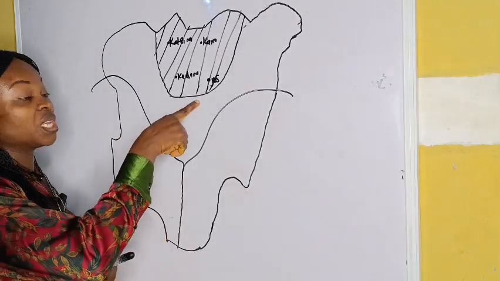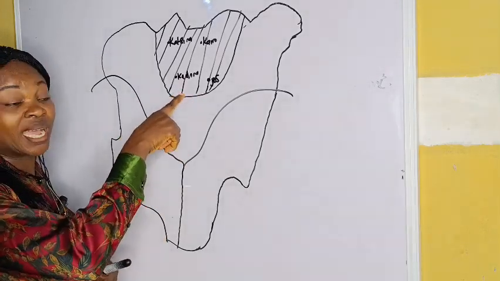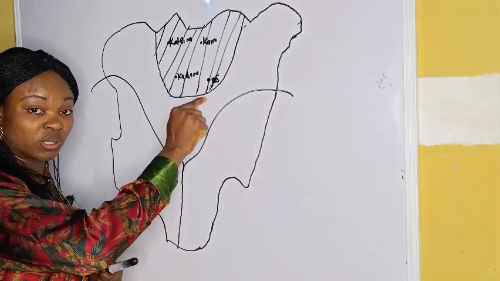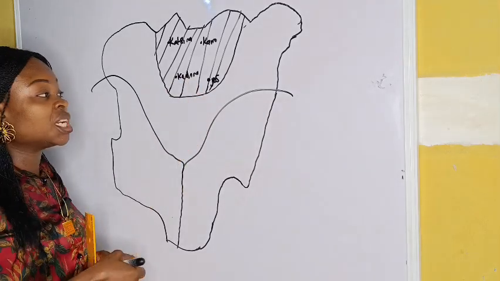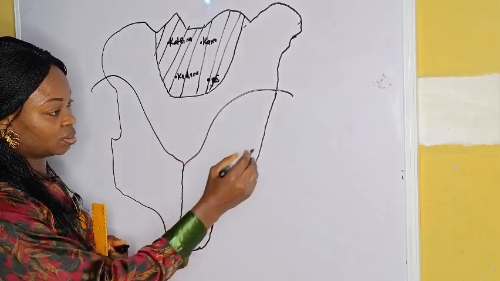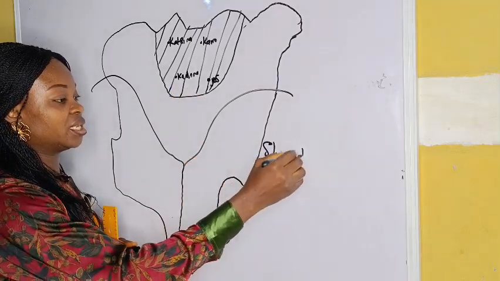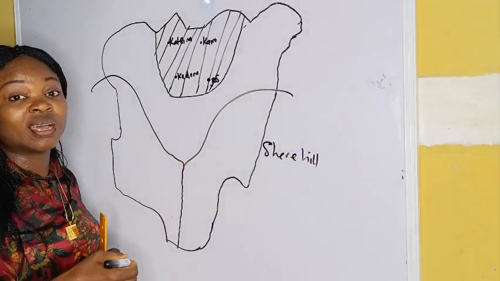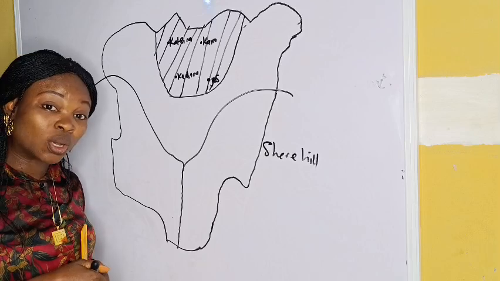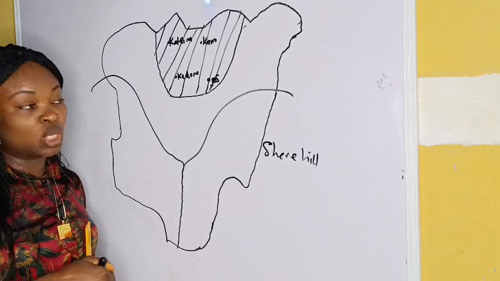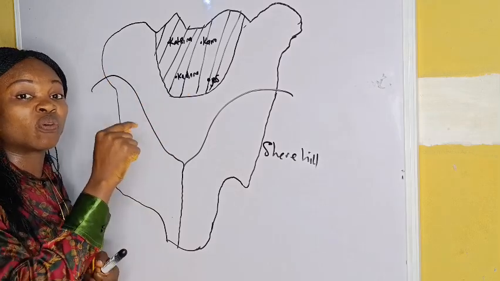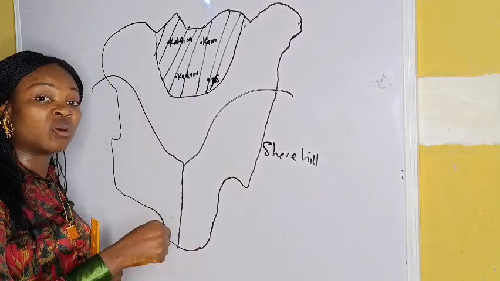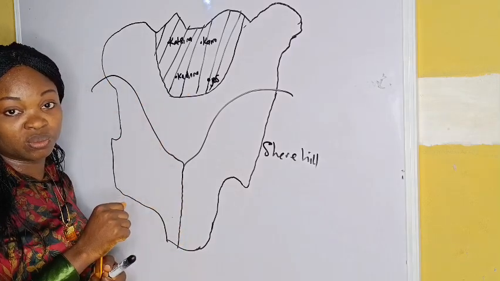The highest peak of the north central highland is in Jos Plateau, and that highland is called Shere Hill. Shere Hill has a height of 1,650 meters. So the North Central Highland has its highest mountain, Shere Hill, found in Jos Plateau.